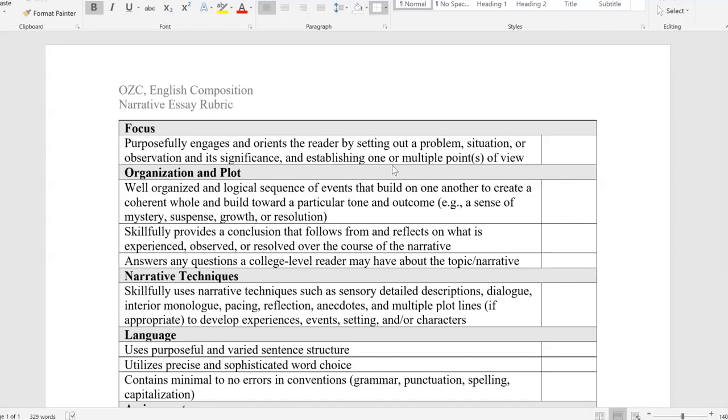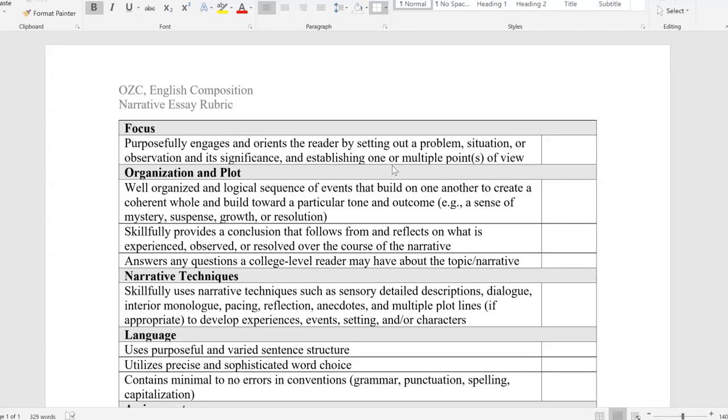So there were several times on your drafts that I said, I need to see how you relate to the people in this story, right? So that's the focus. The entire essay is focused in, you have engaged the audience, and it's interesting, and it's clear what this problem or situation is, and we don't have multiple issues going on, multiple problems, multiple situations.